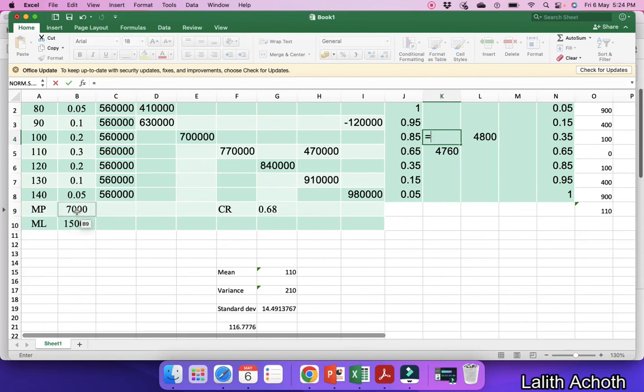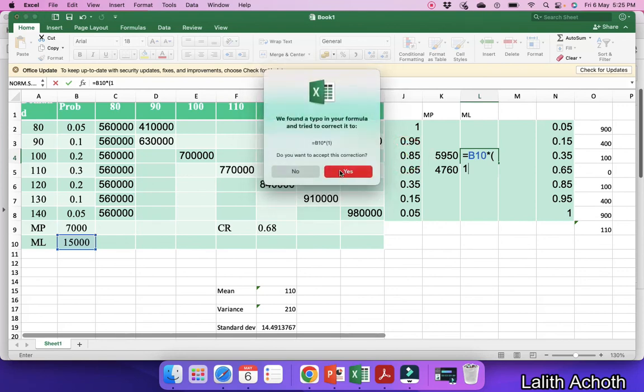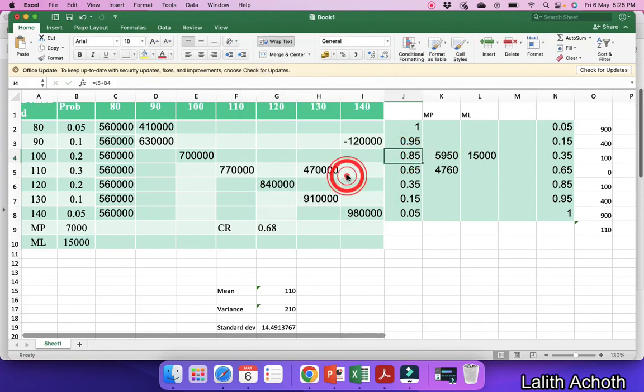Marginal profit into this cumulative probability gives me the expected profit, and the marginal loss will be marginal loss into 1 minus this probability.